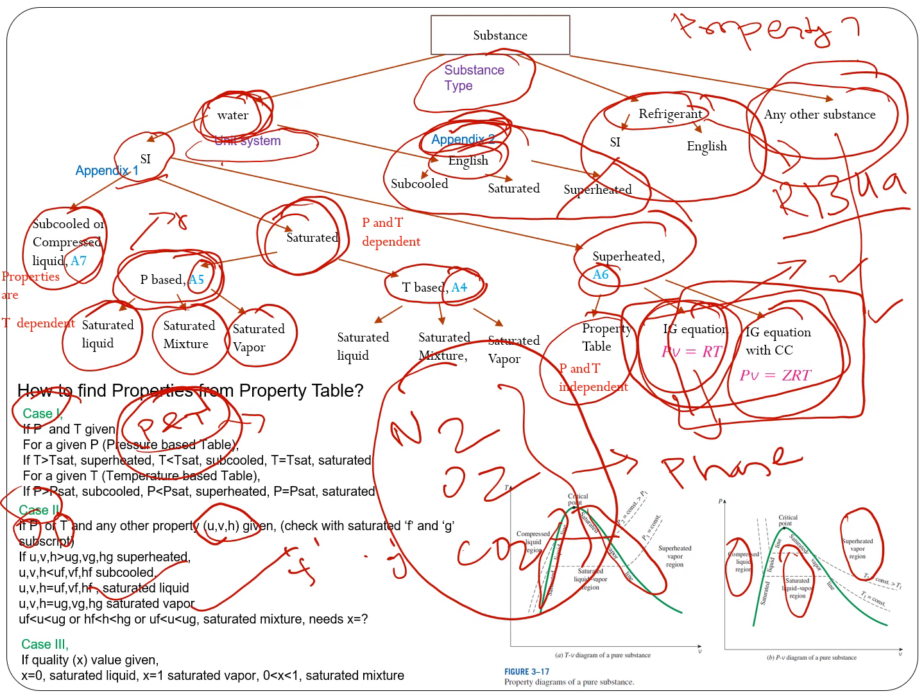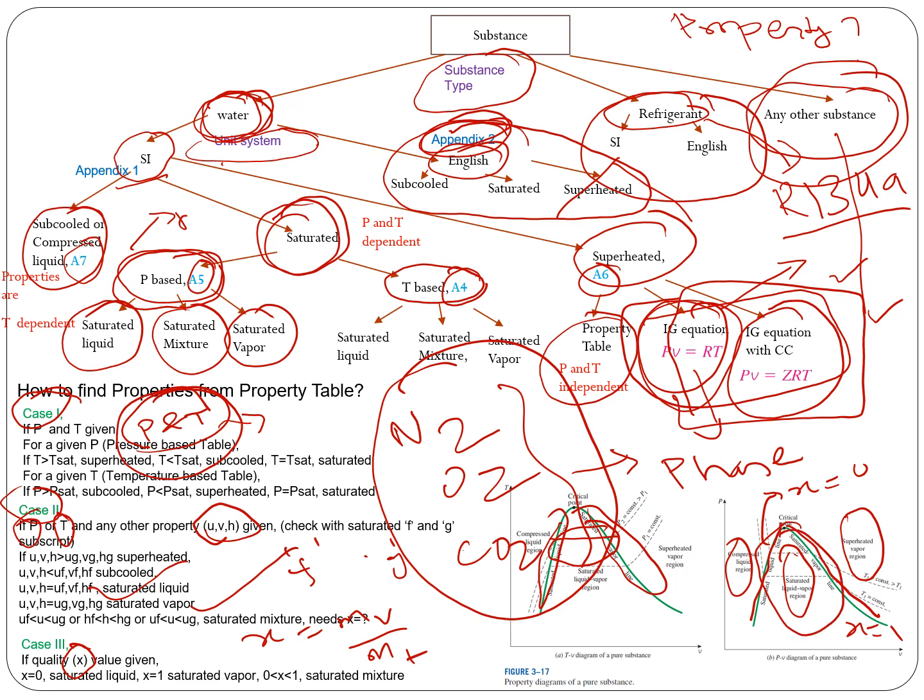And case 3 is when the value of quality is very important. Quality is mass of vapor divided by the total mass. So this is the saturated mixture region. If you think about this, for saturated liquid the quality is x equals 0, and for saturated vapor, x equals 1. So it covers this whole region.